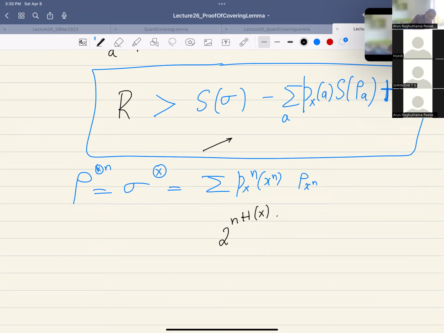Let's subtract h of x here. Actually, you can show, I claim this is, okay, so let's see.